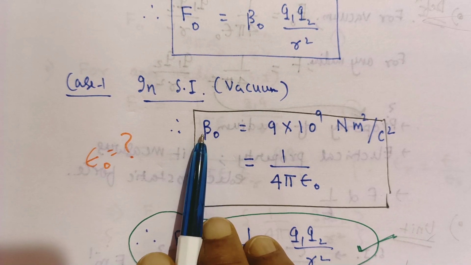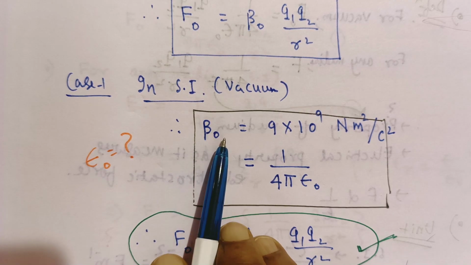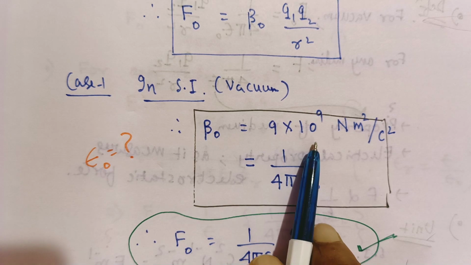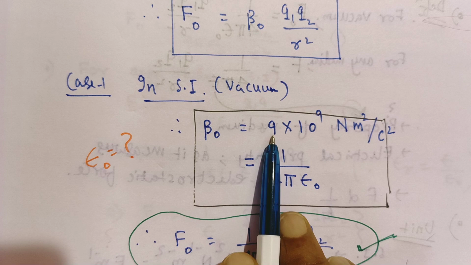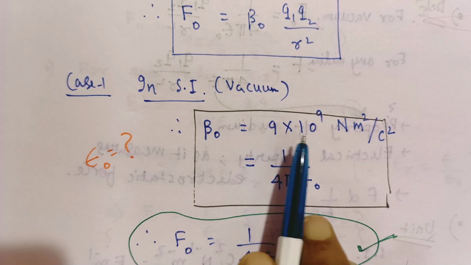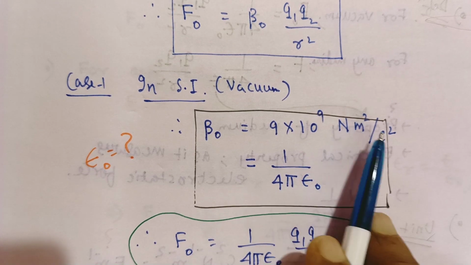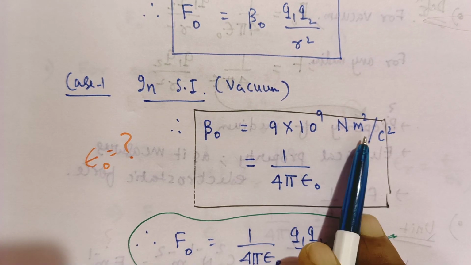That means the proportionality constant in Coulomb's law in the SI system and vacuum. It is calculated from experiment, but you should remember it, as it always helps in problems. That is 9 into 10 to the power 9 Newton meter square per Coulomb square. You have to always remember the numerical value.